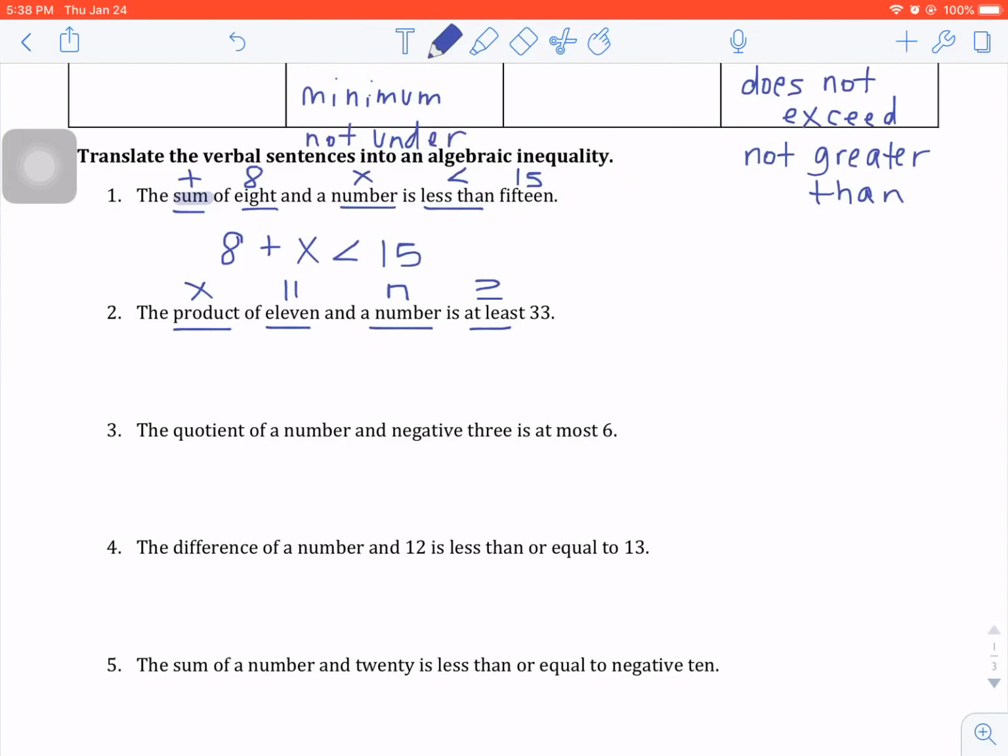So if you wanted to represent 11 times a number, then remember you would just write 11n. When we write inequalities or equations, we typically do not use the multiplication symbol. So we have 11n is at least, that means it's greater than or equal to 33.